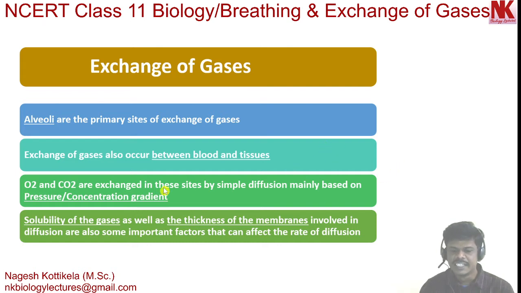The pressure gradient is the difference in the pressure across the diffusion membrane, and the concentration gradient is similarly the difference in the concentration. So this is about simple diffusion across the diffusion membrane based on pressure gradient or concentration gradient.